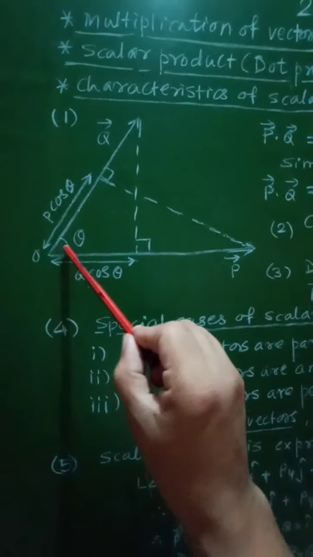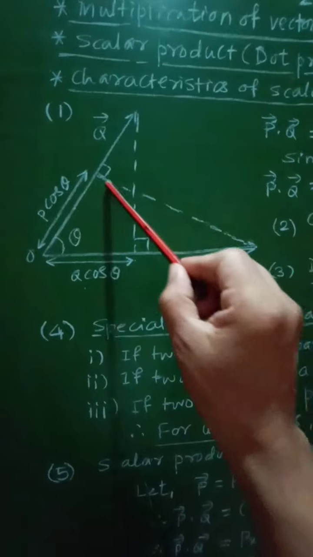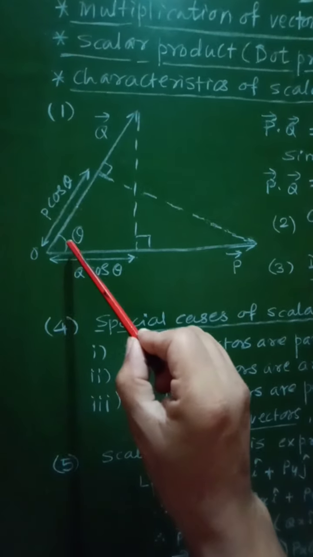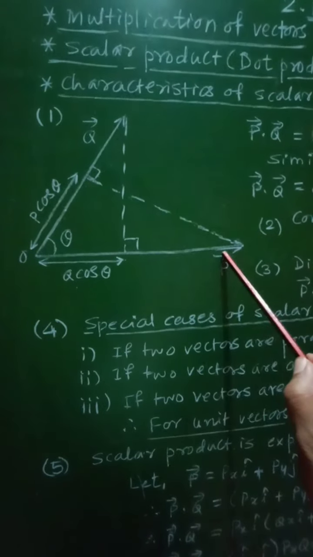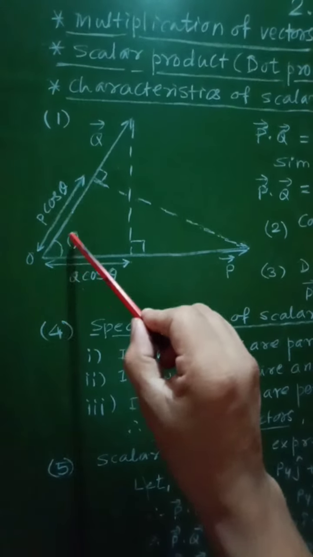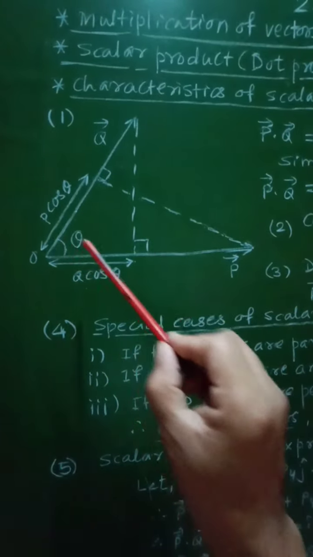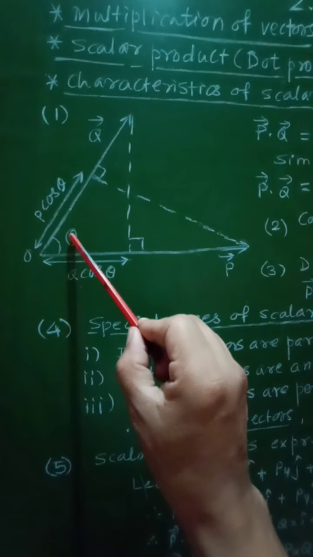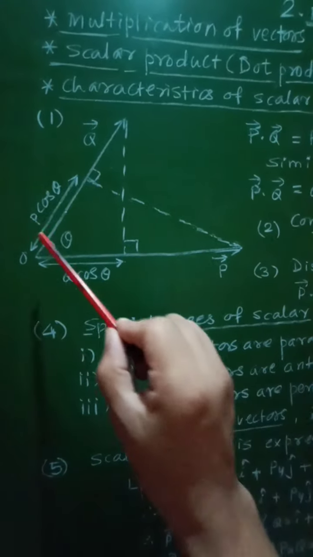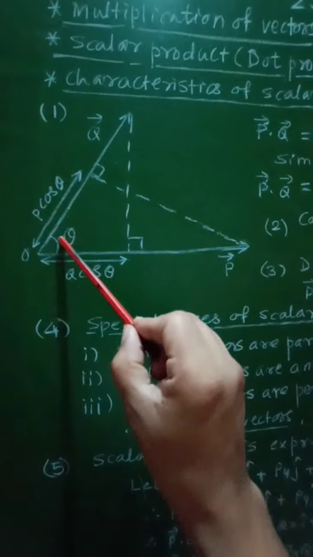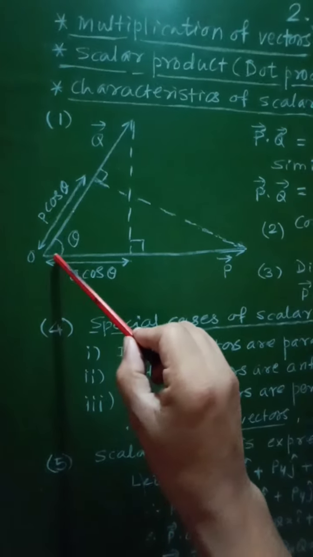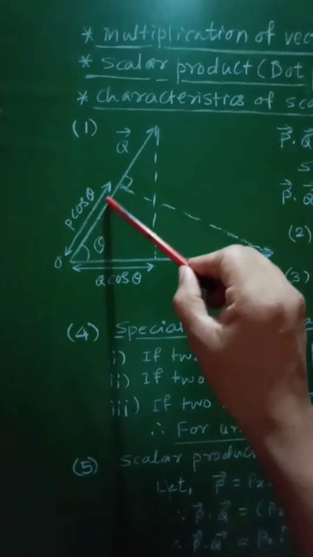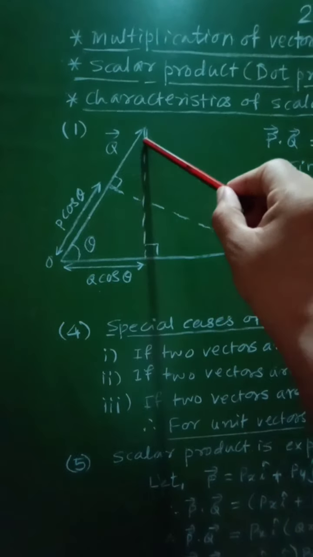Similarly, from this triangle, again cos theta will be equal to adjacent side upon hypotenuse, and this adjacent side will be equal to hypotenuse into cos theta. Hypotenuse is p, so p cos theta will be the value of this segment, that is the component of vector p along vector q.